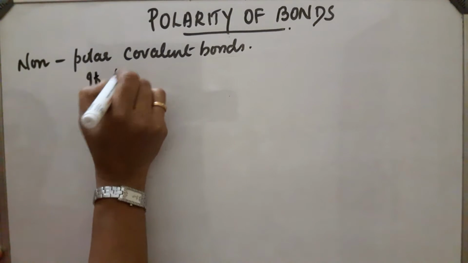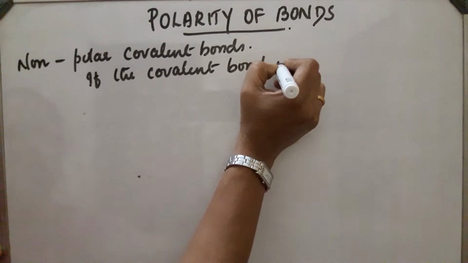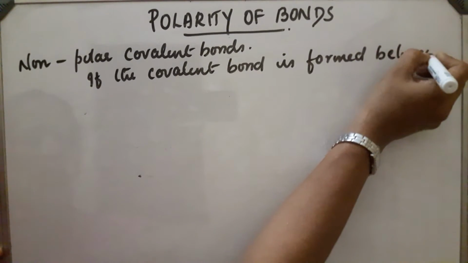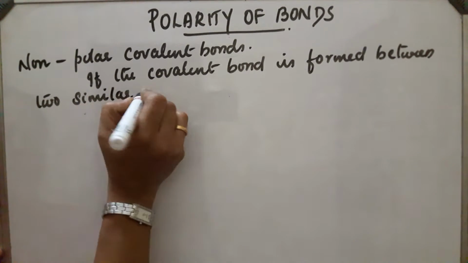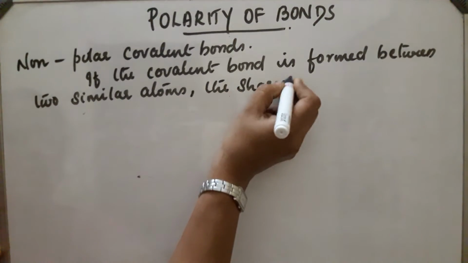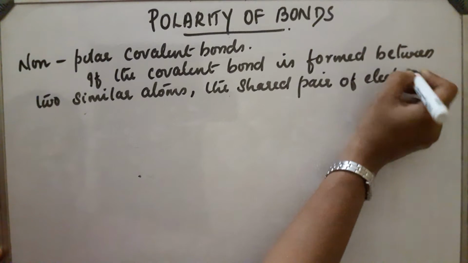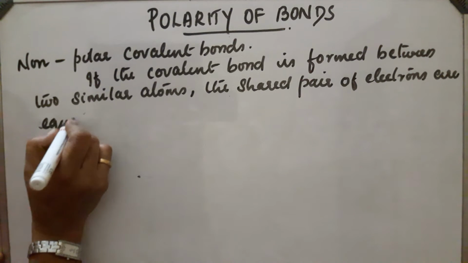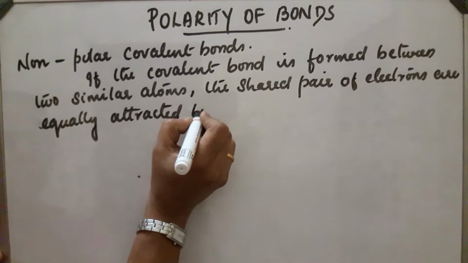If the covalent bond is formed between two similar atoms, the shared pair of electrons are equally attracted by the two atoms.